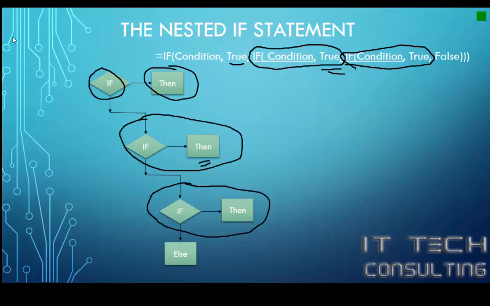So in our last condition here, we're testing it. If it's true, then let's display this. If it's not, we're going to display this. That is the basic flowchart for a nested if statement.